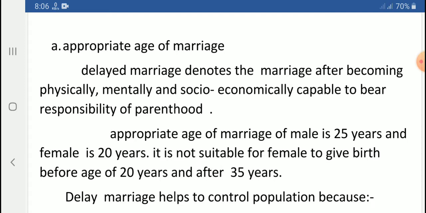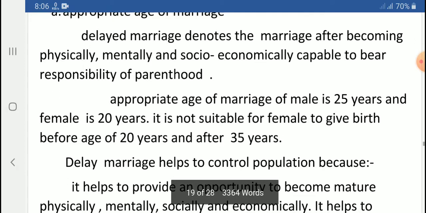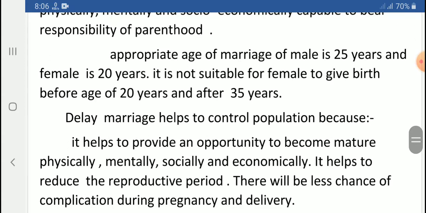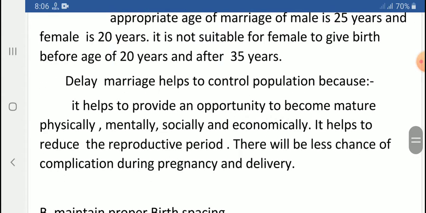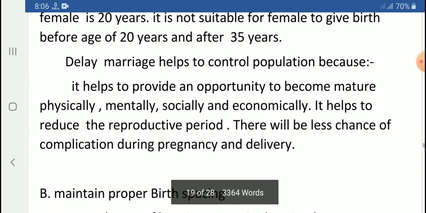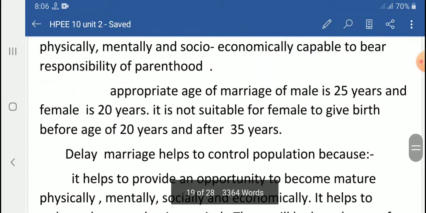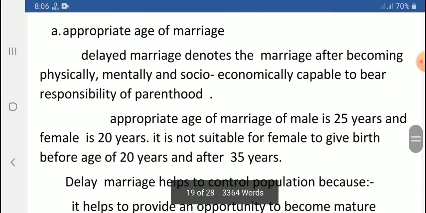The appropriate age of marriage for male is 25 years and for female is 20 years, and it is not suitable for a female to give birth before 20 years and after 35 years. Delay marriage helps control population because it provides the opportunity to mature physically, mentally, socially and economically. It also reduces the reproductive period, so there is less chance of complications during pregnancy and delivery. So delay marriage is important, and it is a direct measure of population management.